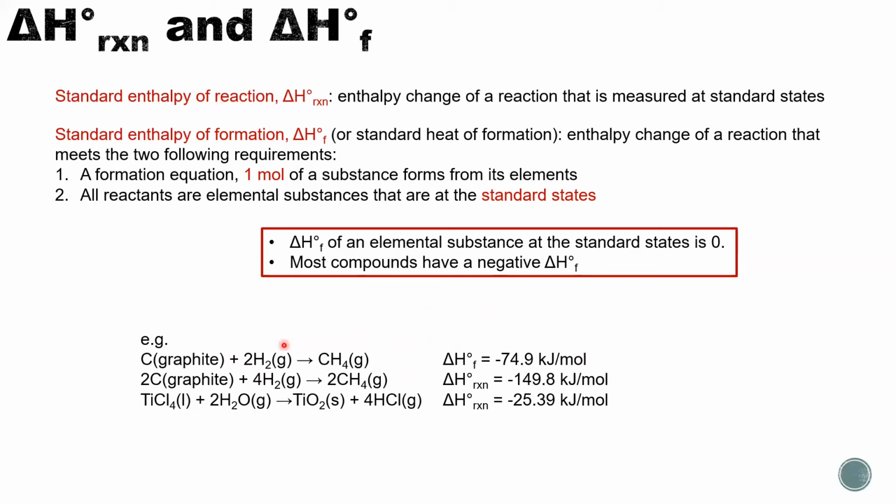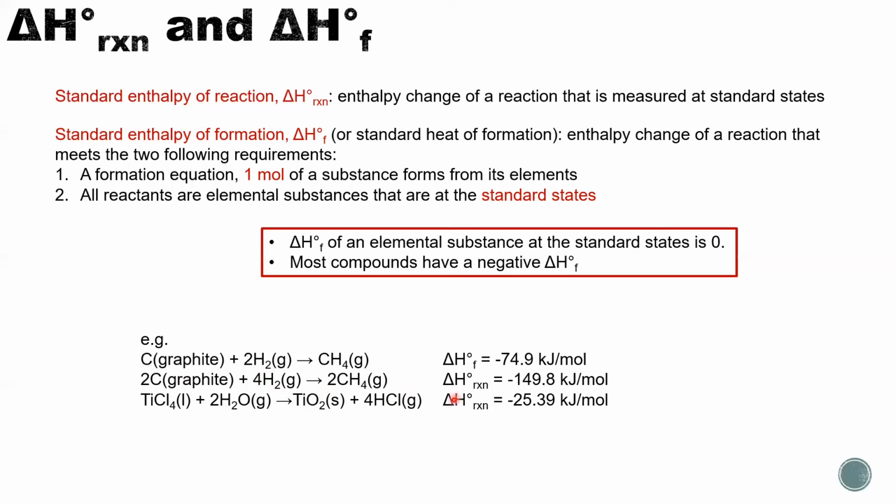So if we multiply the coefficients of this chemical reaction to make it 2 carbon as graphite reacting with 4 hydrogen gas to produce 2 methane gas. For this reaction, because the coefficient of the product is 2, although it meets other requirements, that all the reactants are elemental substances and they are under standard conditions, we cannot call it the standard enthalpy of formation.